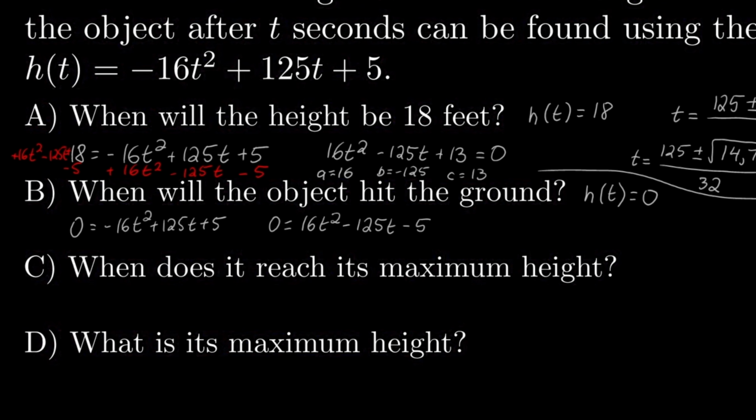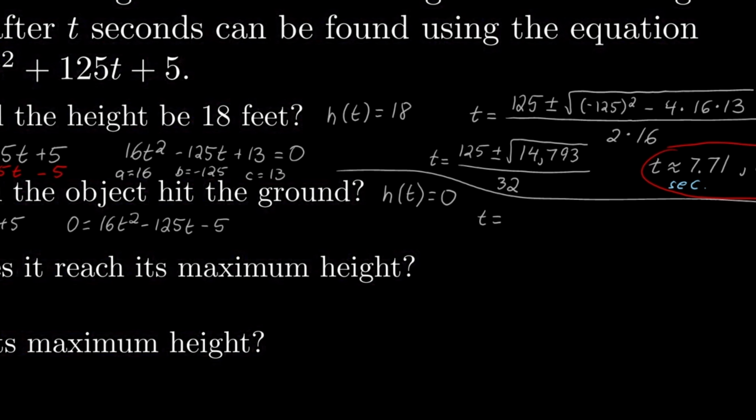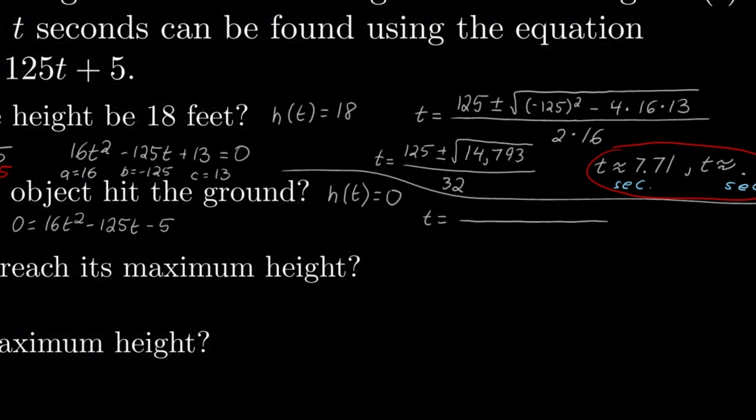Again, we can try factoring, but it turns out that this trinomial is also not factorable. And again, as in part A, trying to complete the square might be very tedious and time-consuming, so let's just use the quadratic formula. So we're gonna have t equals, again on top, we start with minus b.